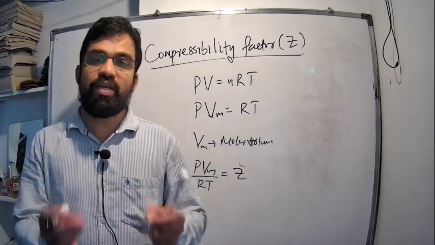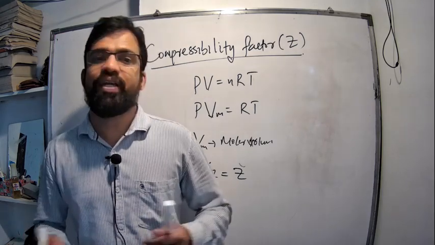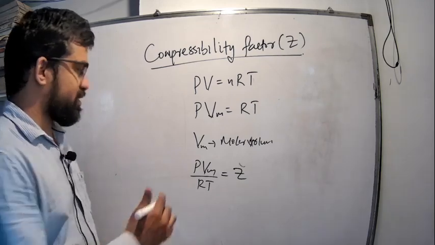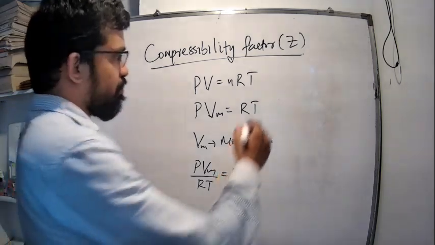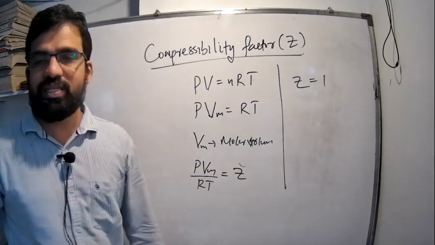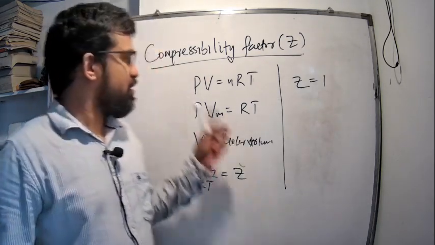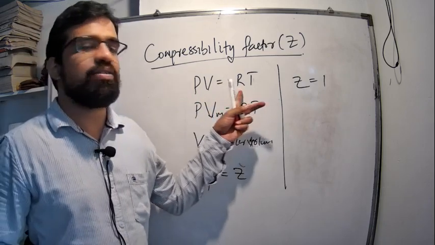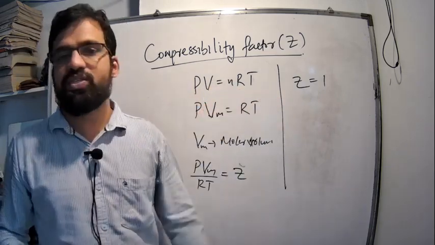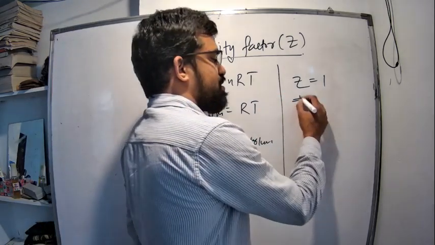It gives the information about the ideal or non-ideal behavior of the gas. Compressibility factor Z equal to 1 means PV is equal to nRT, that is the ideal equation. When you divide PV by nRT, Z equal to 1 means this is ideal.